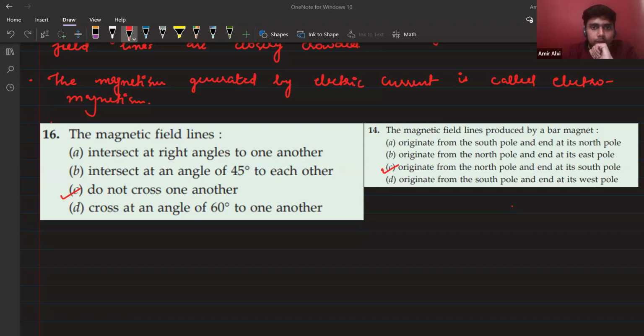So magnetic field is strong where the magnetic field lines are very closely packed. They are very close, so the magnetic field will be very strong.